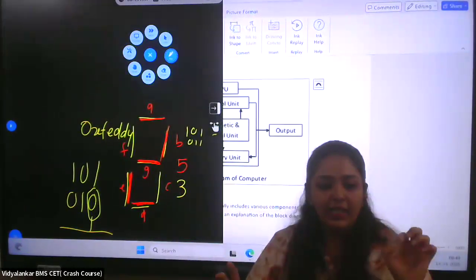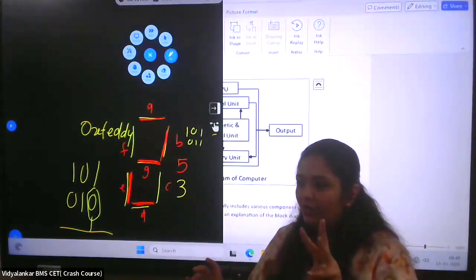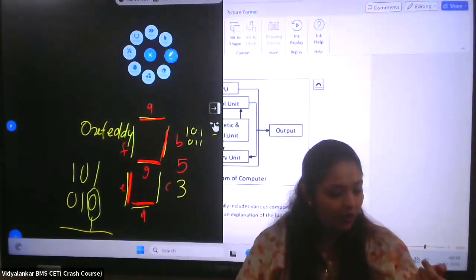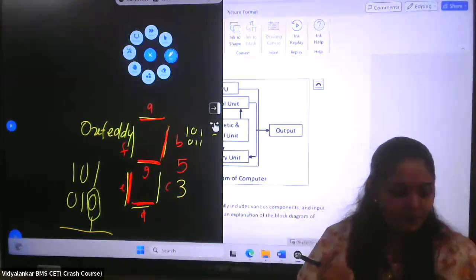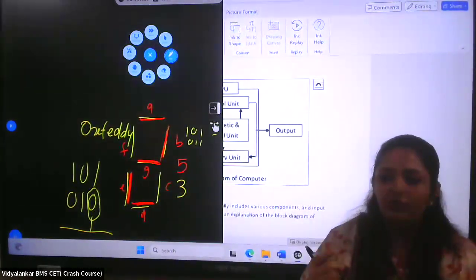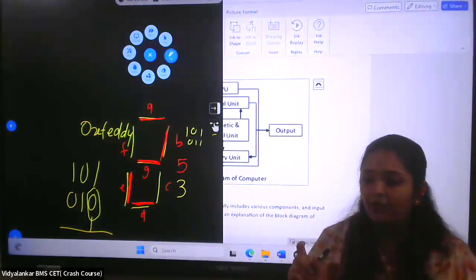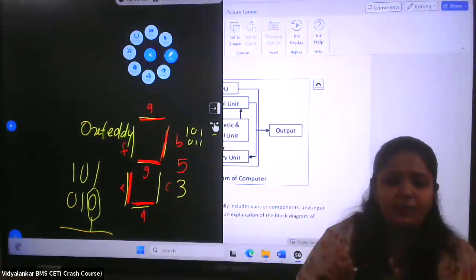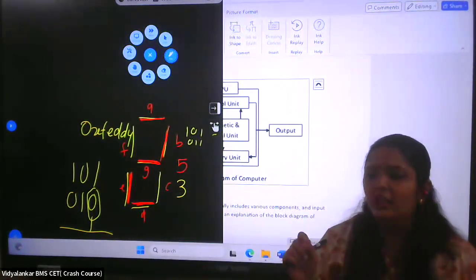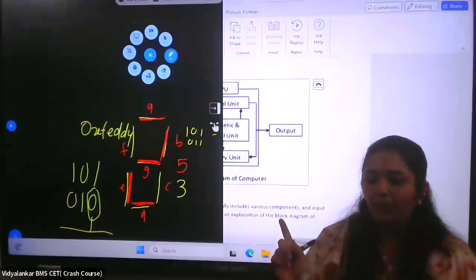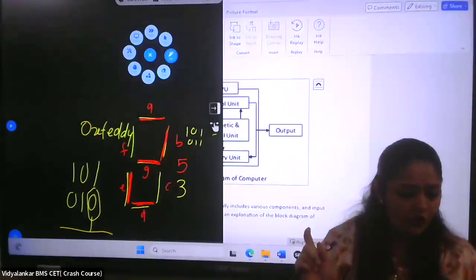Is that clear? So I want you to quickly note down 3 buses in the system. Online, I hope even you are with me, and please note down these 3 buses in the computer system. First one, you can write data bus and just put a dash or a hyphen and write bidirectional. Data bus bidirectional.